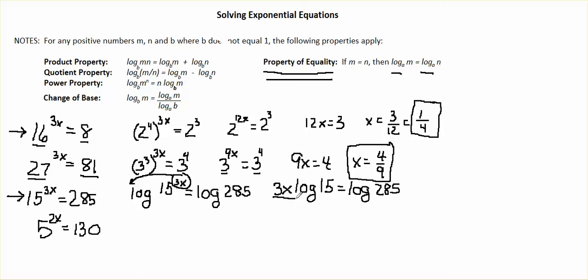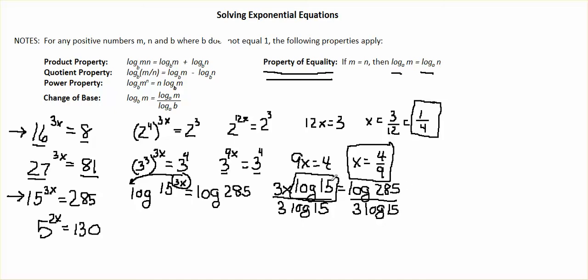How do we get our variable by ourselves? Well, we have this 3 and this log of 15 that are being multiplied, so we're going to divide both sides by 3 log 15. And I want you to notice that I can't just divide by our log because this whole thing is one piece. I can't separate it.